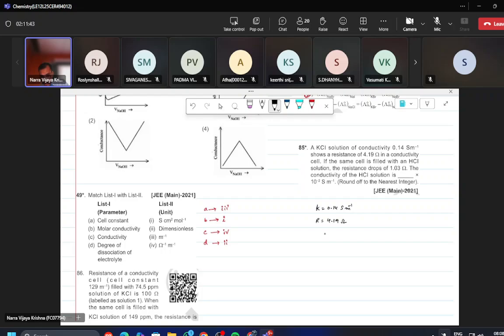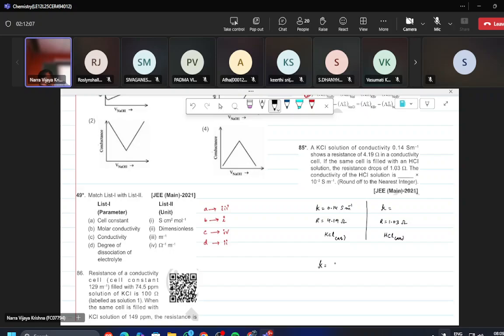This is in case of the KCl solution. Now, if you take aqueous HCl, the resistance is given as 1.03 ohm. Then what is kappa equal to? What is the formula?